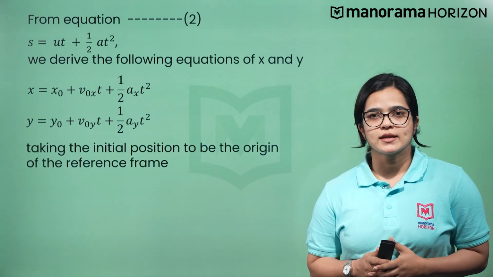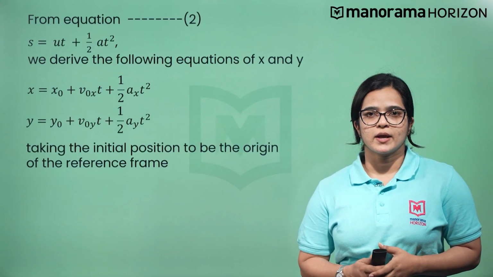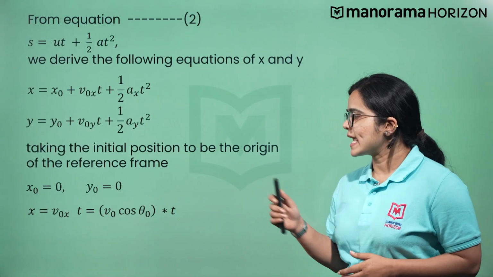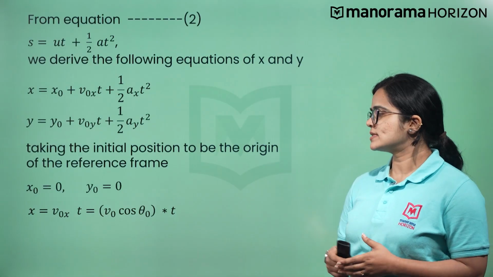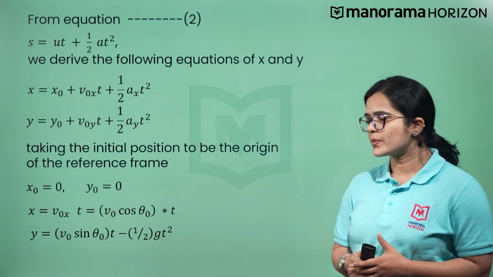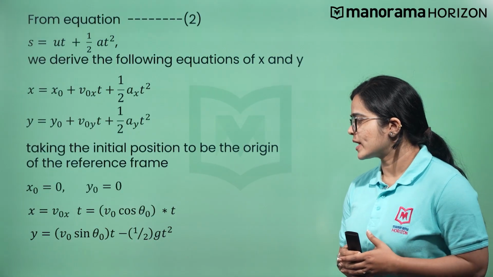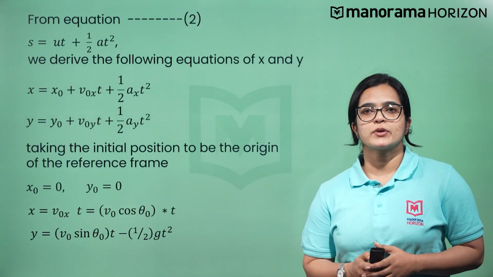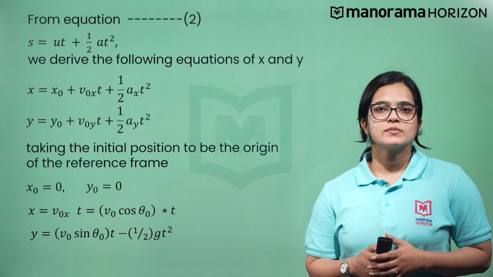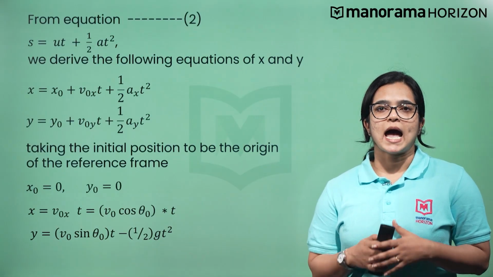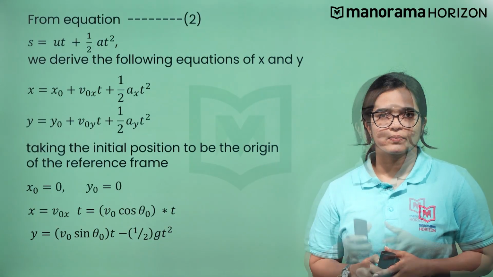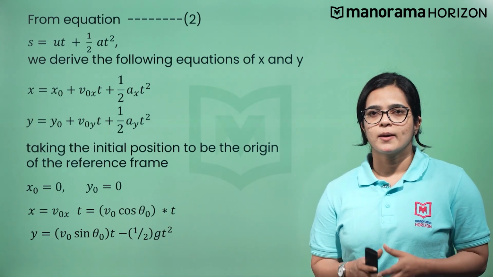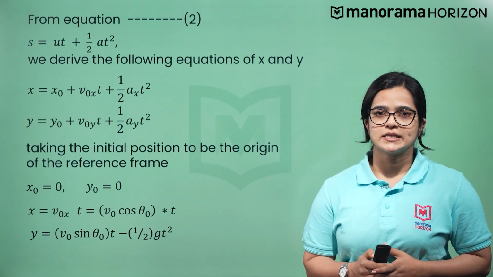Taking the initial positions to be the origin of the reference frame, x0 equal to 0 and y0 equal to 0, we get the equation for x as x equal to v0 cos theta 0 times t and y is equal to v0 sin theta 0 times t minus half g t square. It shows the position of a projectile at time t in terms of its initial speed v0 and the projection angle theta 0. Though these equations may seem complex, they can be easily understood by a rich imagination and calculative logic.